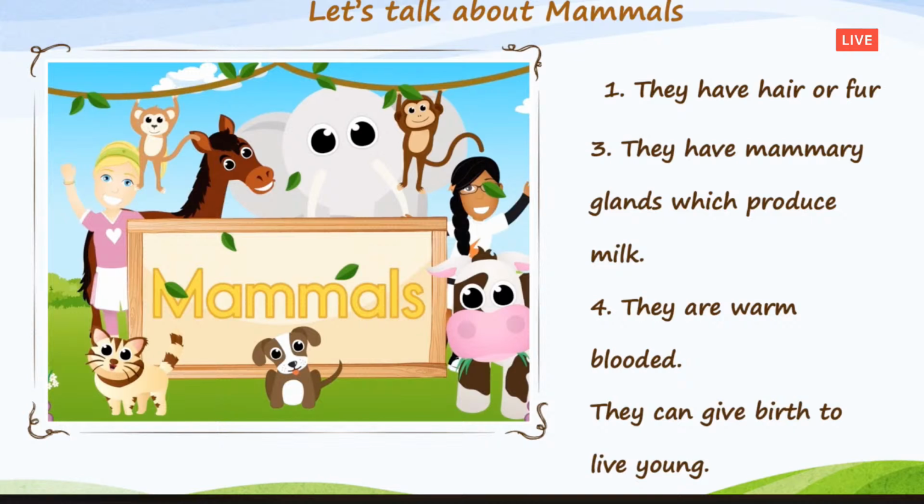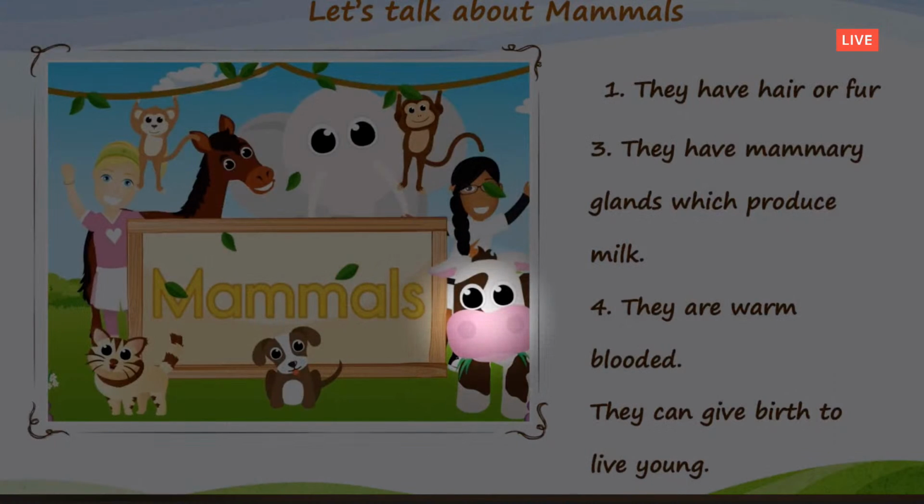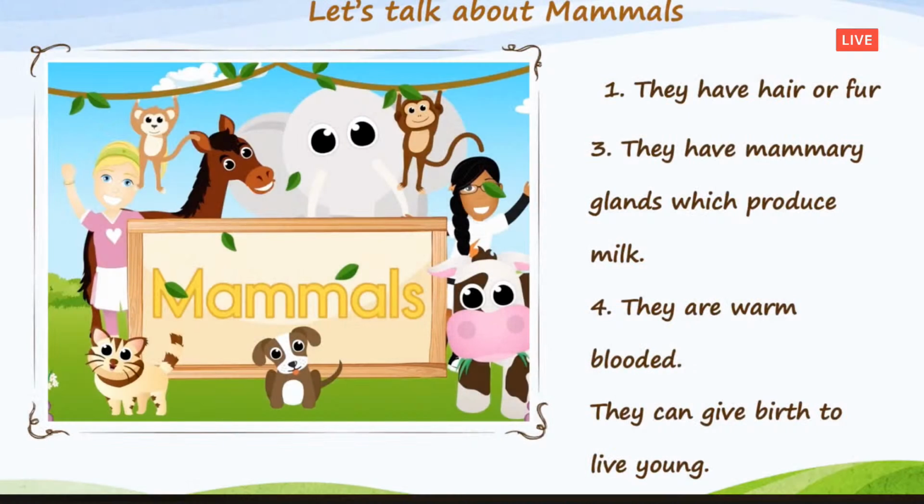Most often, sometimes we call them breasts. They are warm-blooded, and they give birth to live young. Now I wonder, think of yourself. Let's think of ourselves for a minute. Do we have any of these characteristics of mammals? Then maybe we are mammals as well. Next slide.